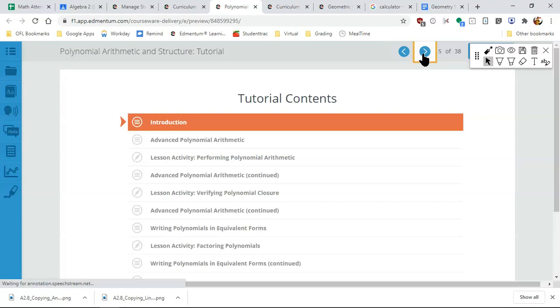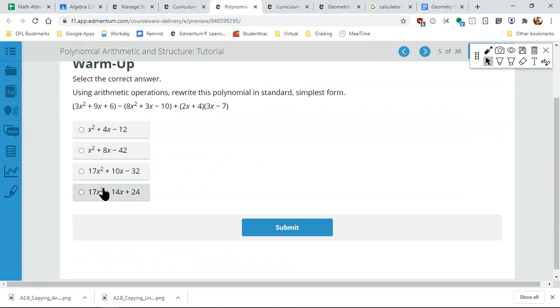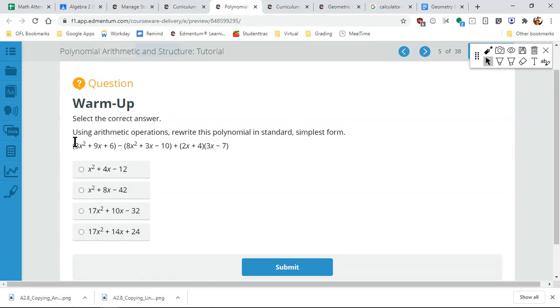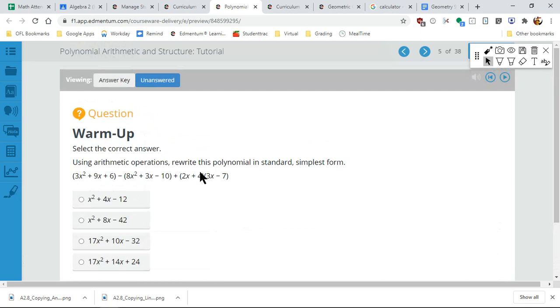All right, so let's get into this one. We have a few slides going. An equivalent form would be we would have to add all of these together and do all this multiplication. So this one actually has quite a bit of work on it.